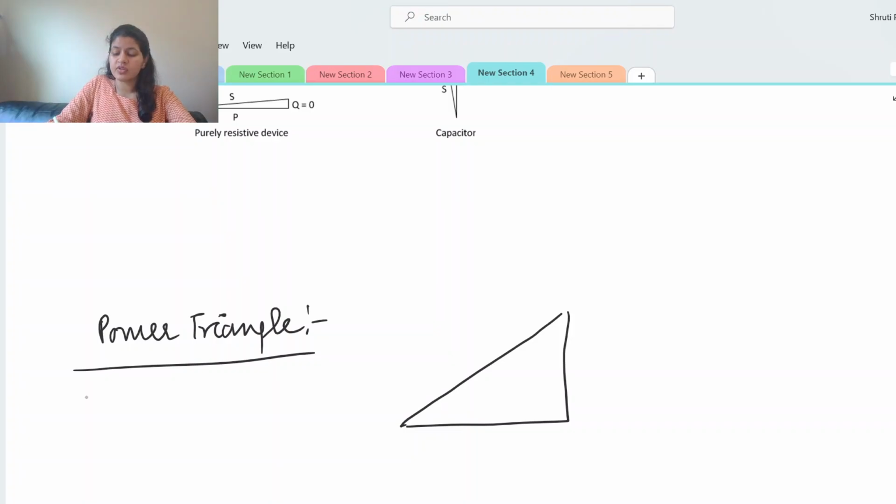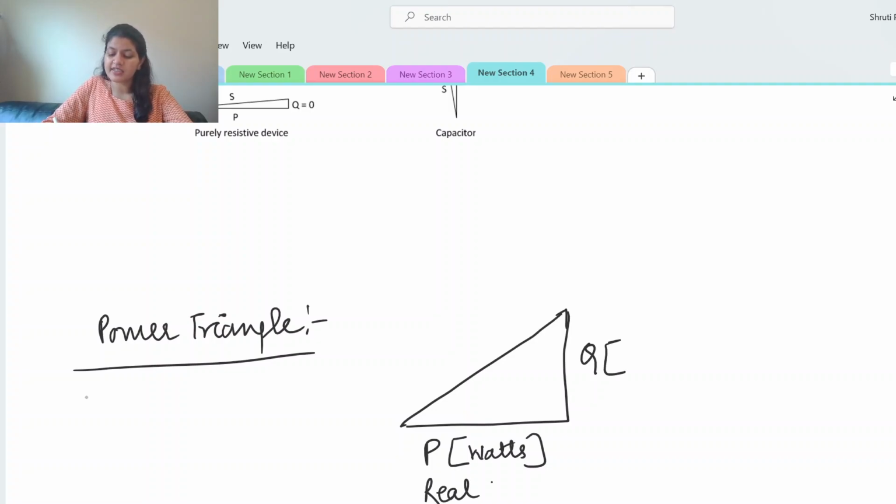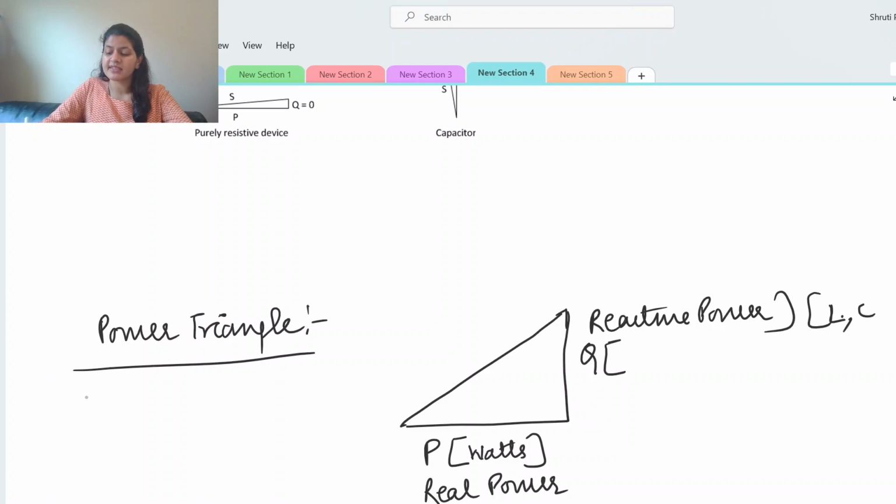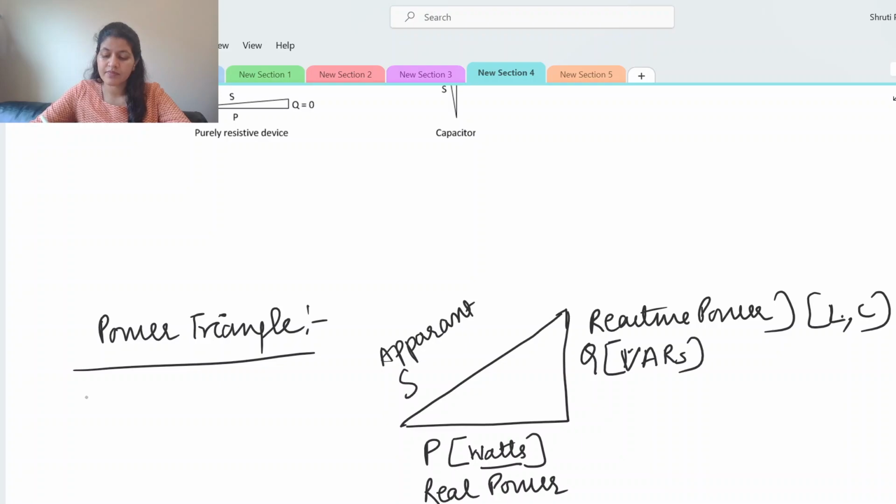The base is P, the real power, the power because of the resistive load or pure resistor, and the unit is watts. The vertical component, the perpendicular, is Q, the reactive power, because of L and C, and the real power is because of R. For the reactive power, the unit is VARs, and this component is the apparent power.